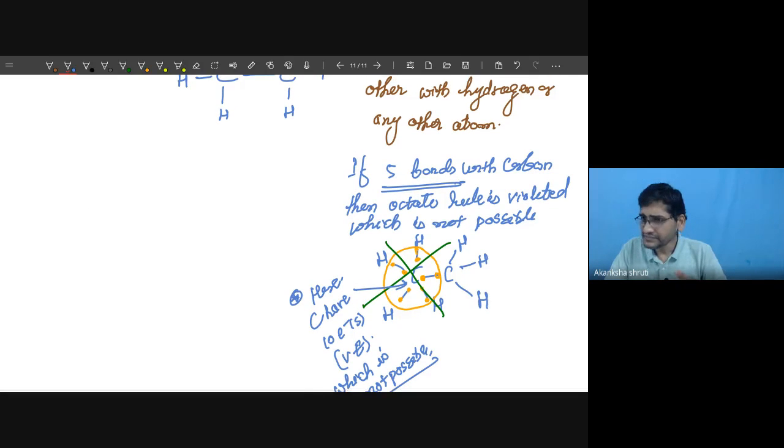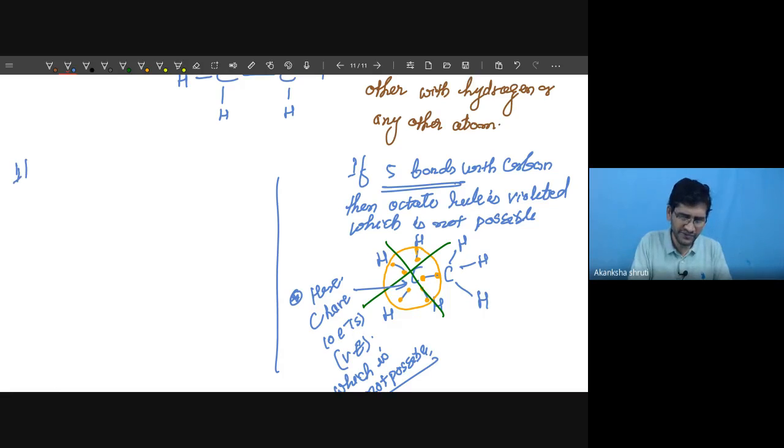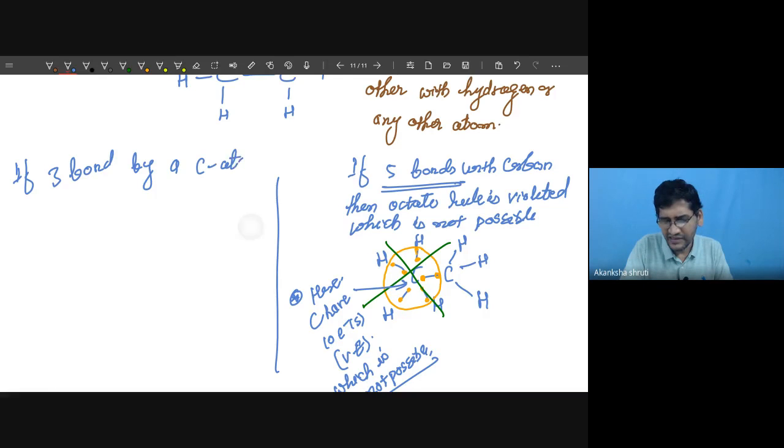Now if we are drawing only 3 bonds for a carbon, is that true? Say let me take C, H, and F, only these three.